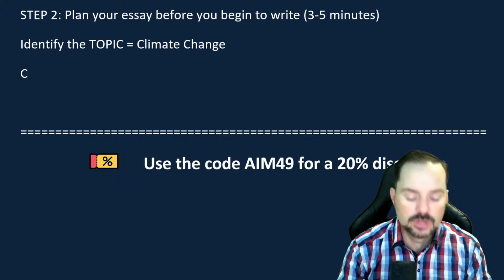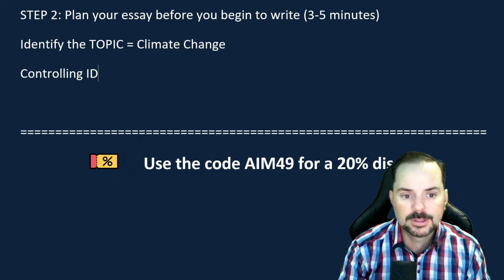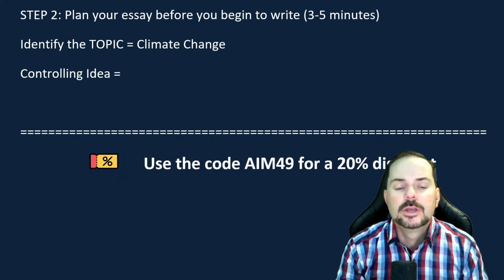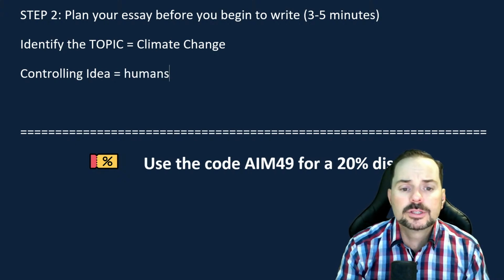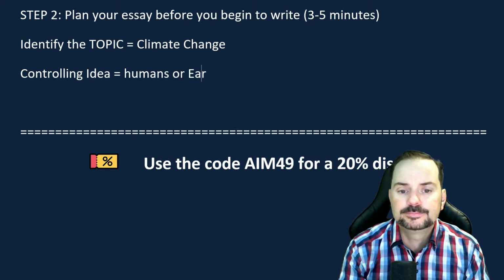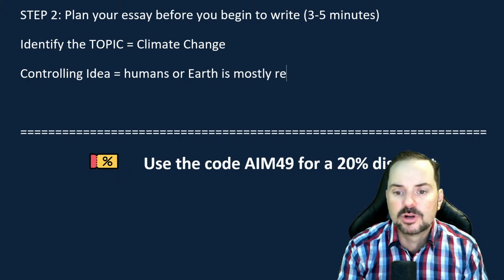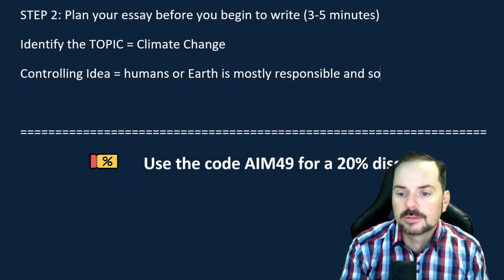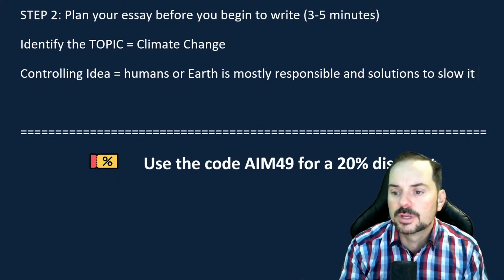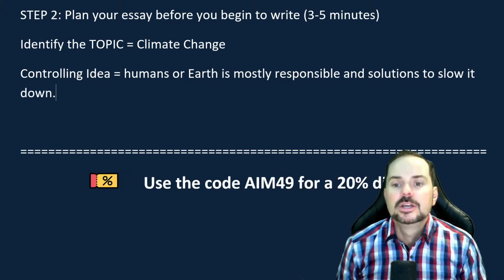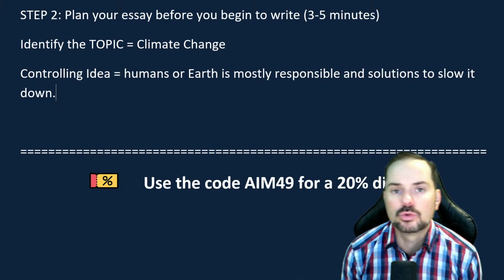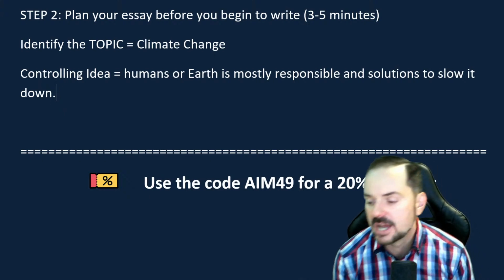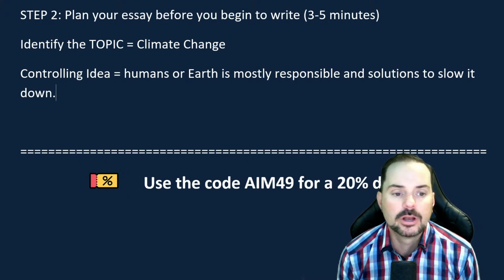And what is the controlling idea? Okay. The controlling idea is humans or Earth is mostly responsible. Okay. And solutions to slow it down. Okay. So those are the controlling ideas. Those are what we need to focus on in our body paragraphs and in our writing.